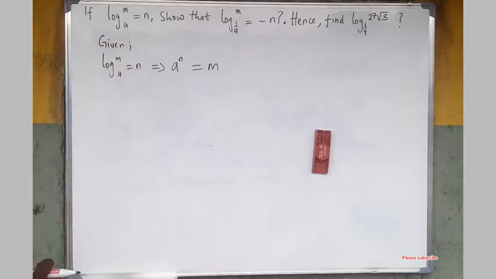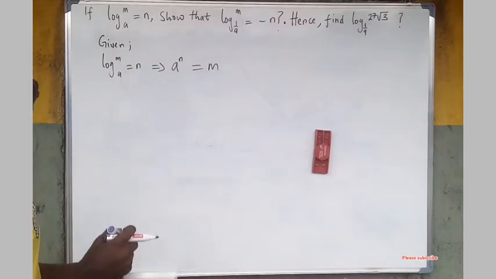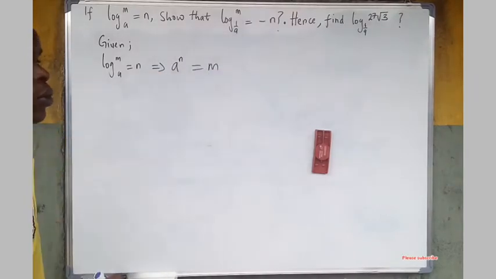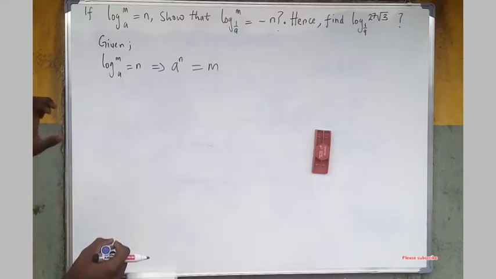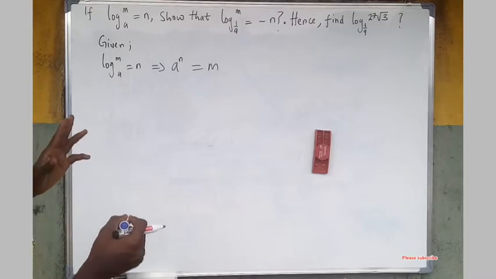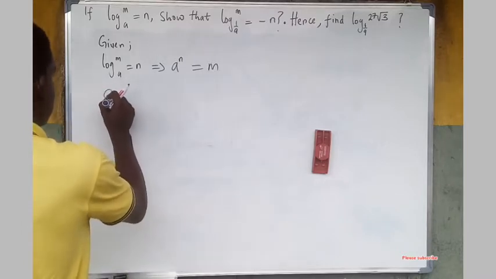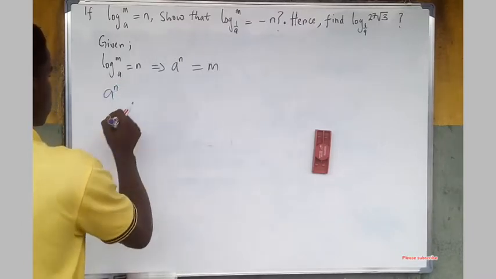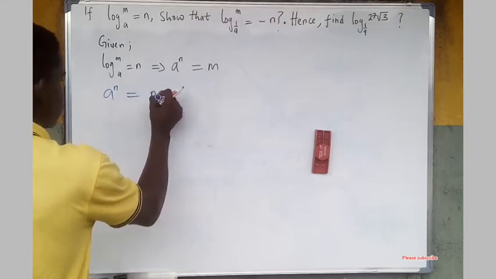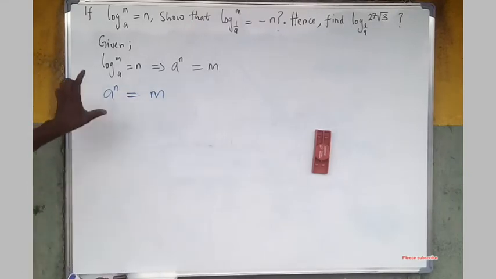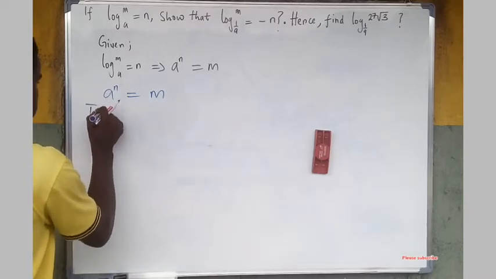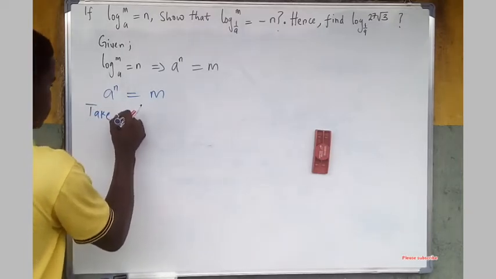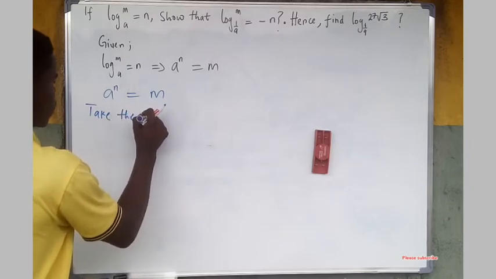Let's show this is true. How do we go about it? Having a to the power n equivalent to m, let's take the reciprocal of both sides, the multiplicative inverse.